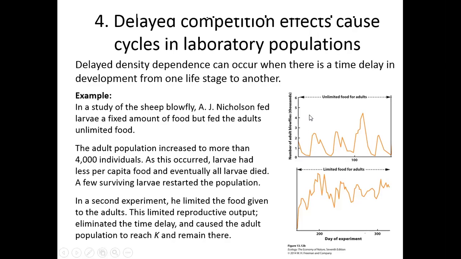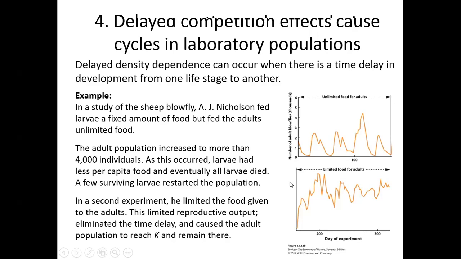and then those larvae all starve to death, leaving only a few to produce the next generation. If you do the opposite thing, if you feed the larvae a lot of food but limit the adults, look what happens. You get much less in the way of fluctuations.